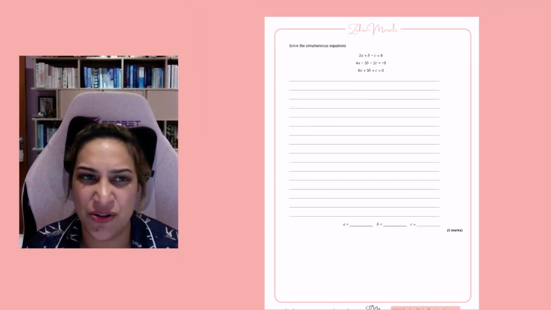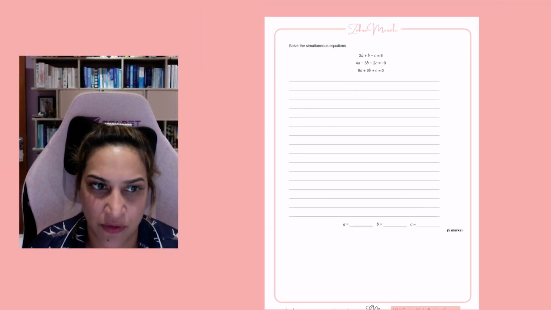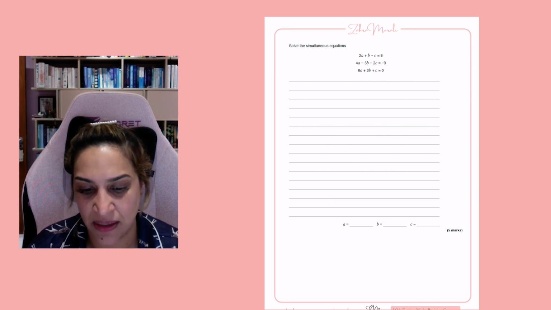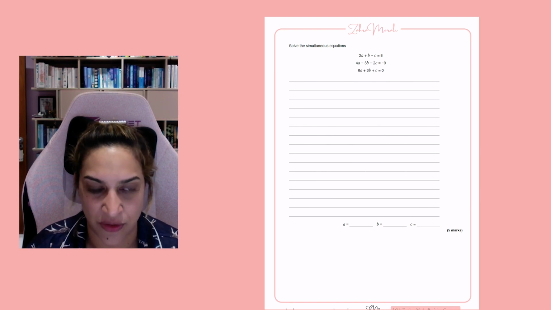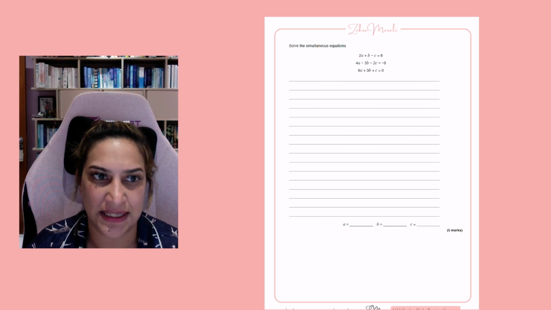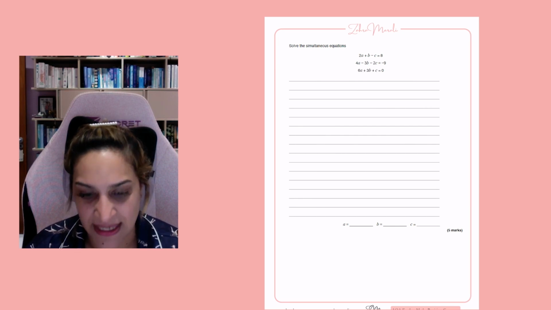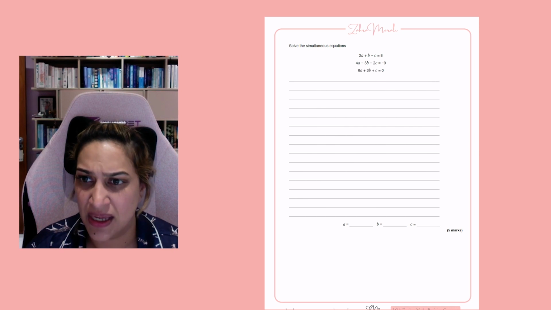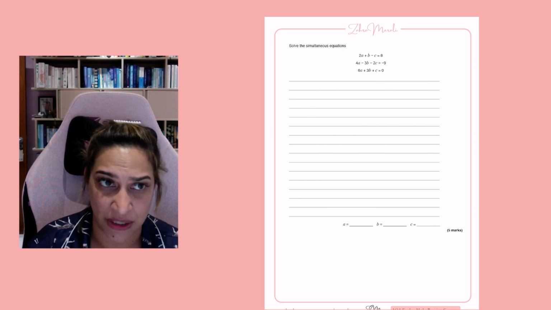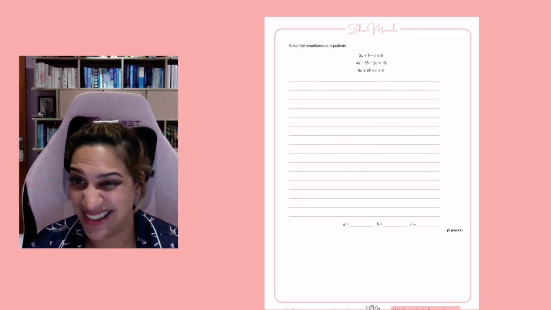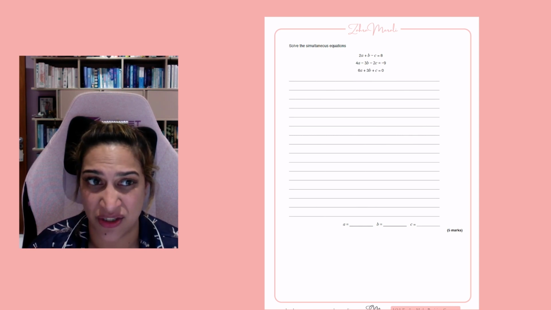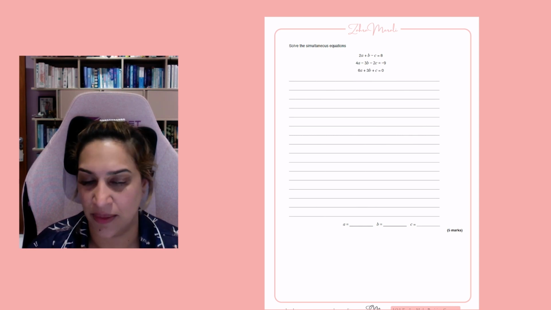Okay, now comes the bit that's new for you, and that's having simultaneous equations with 3 bits in them. Okay, so let's have a look and let's think about how we're going to do these. So what we want to do is essentially we want to end up with exactly the same as what we do with normal equations, which is having essentially 2 simultaneous equations to calculate it from.